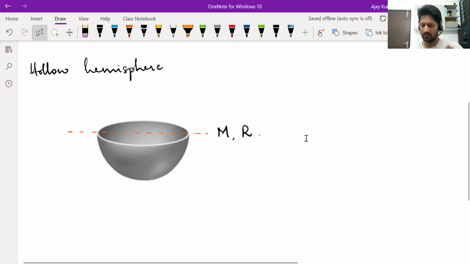Derive the moment of inertia of this hollow hemisphere about this axis. Any ideas, anyone?